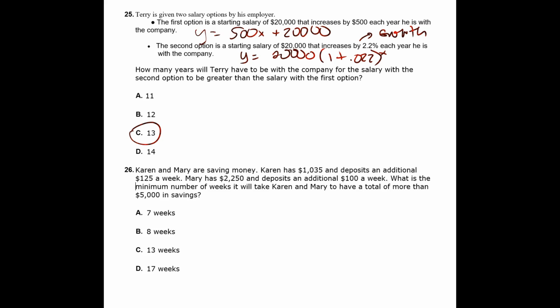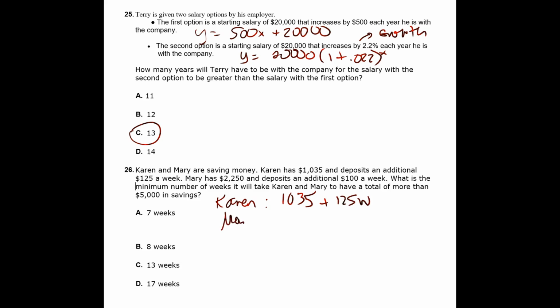All right, so they're totaling their amounts. So let's write Karen's expression. Karen already has $1,035, and then she's adding $125 per week. We'll say that week is W. Sister Mary has $2,250, and she's adding $100 each week. Whatever, y'all get the point.